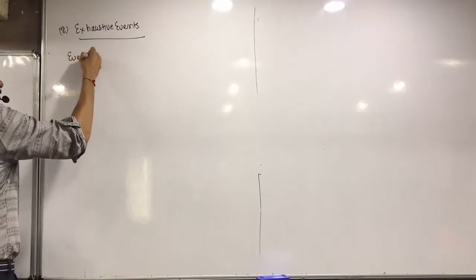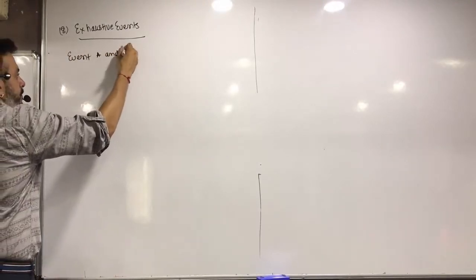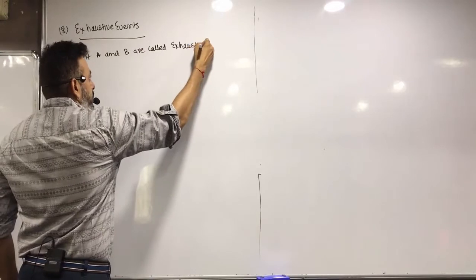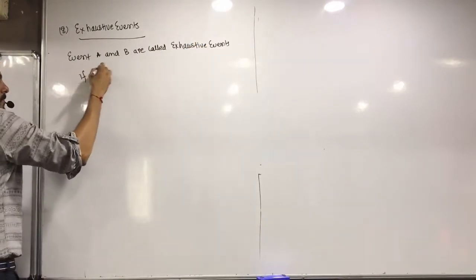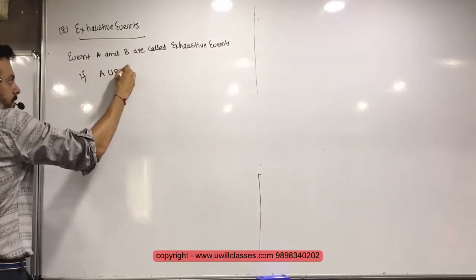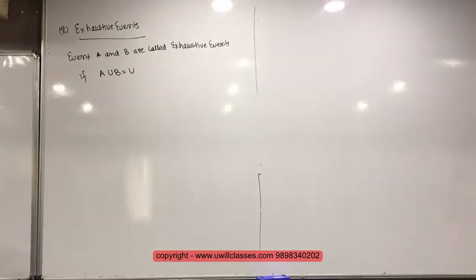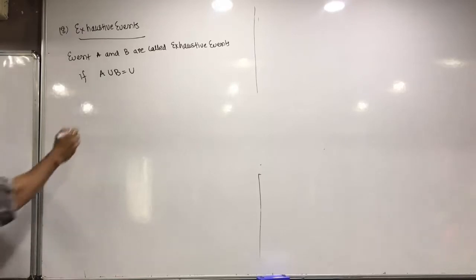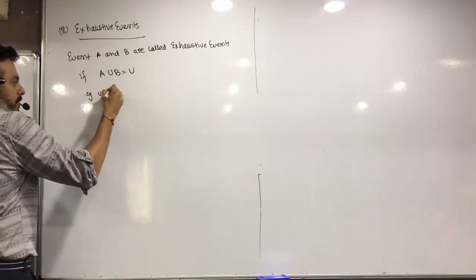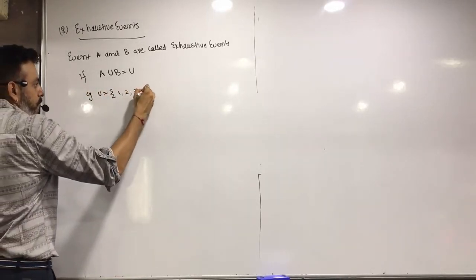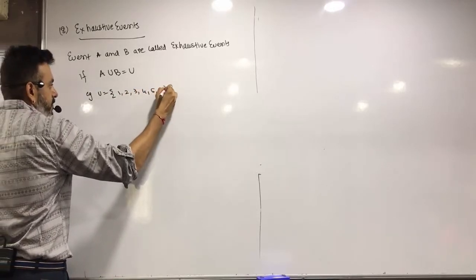Even A and B are called exhaustive events if A union B is equal to U. If A union B is equal to U, यानी क्या? Example, U is equal to 1, 2, 3, 4, 5 and 6.